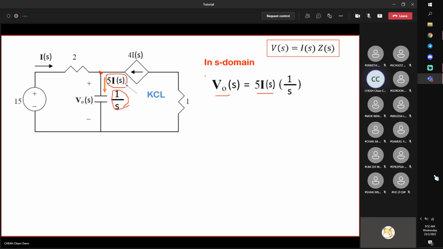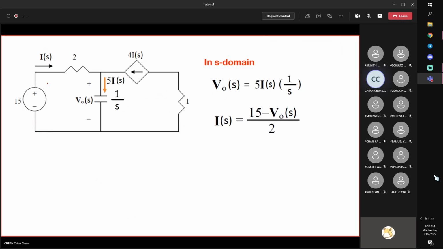Next you check I. Where is I? I is here. So I can write down I by using, similarly, Ohm's law or impedance law. Now this is 0 volt, and this is increased by 15, so here you have 15. Over here this is 0.